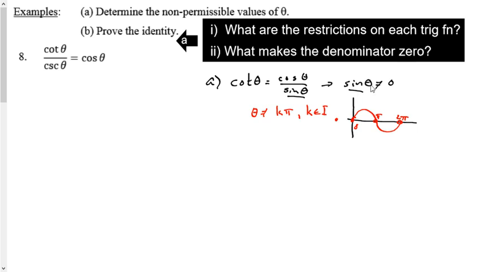I can't divide by 0, so I said sine theta can't equal 0. I looked at the graph of sine theta, found the zeros, and then wrote my restriction that theta can't equal multiples of pi. All right. In the classroom, can I get some sort of feedback? How are we doing with that?